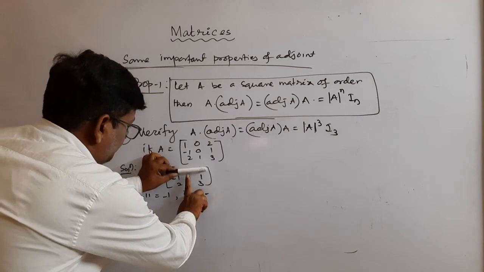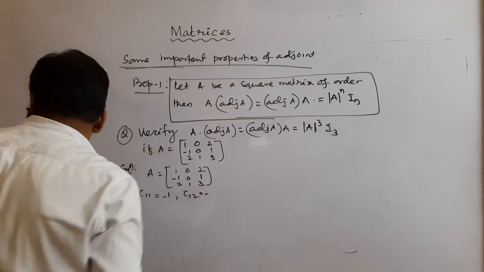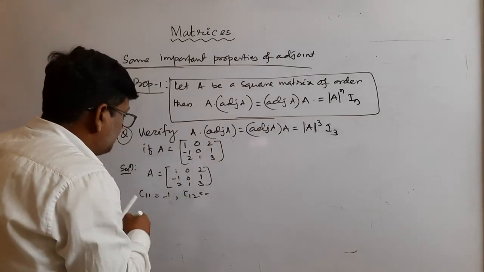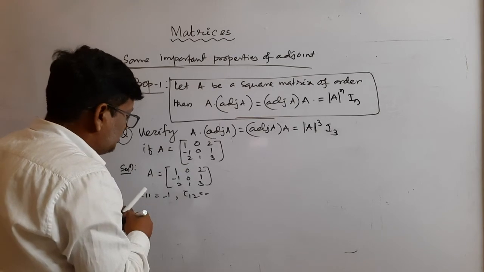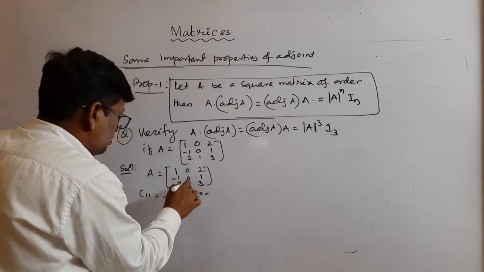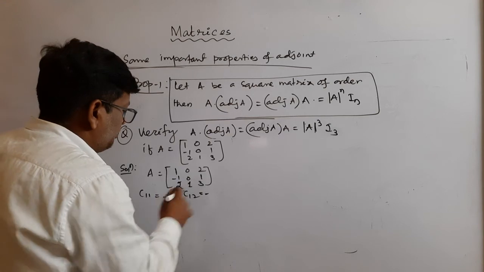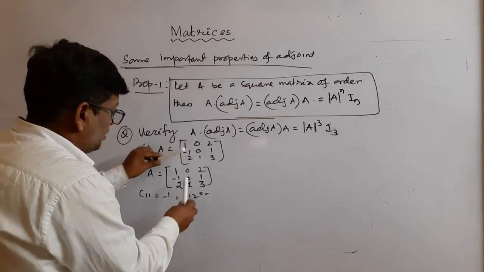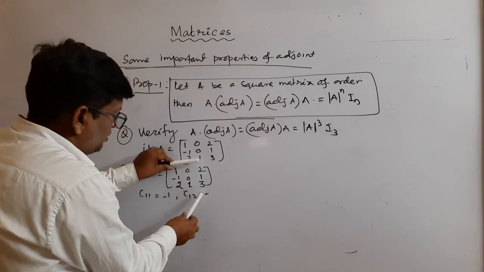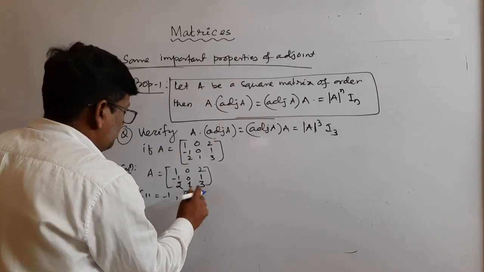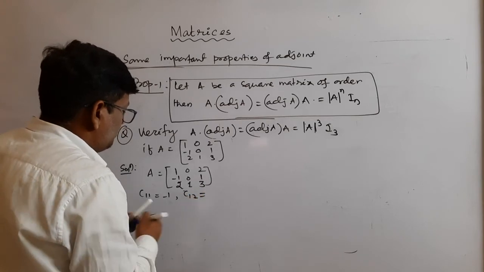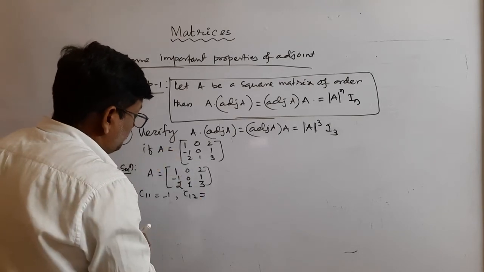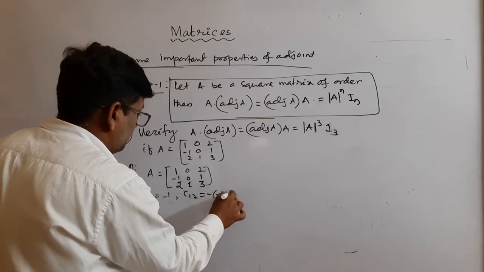This goes cancel. So minus of (3 minus 2) is minus 1.